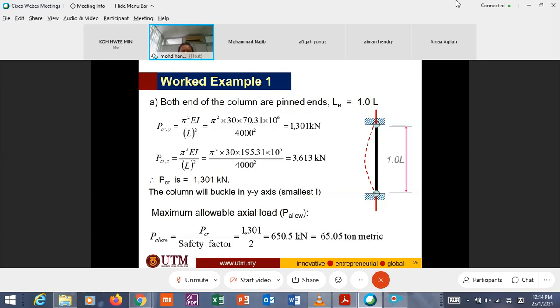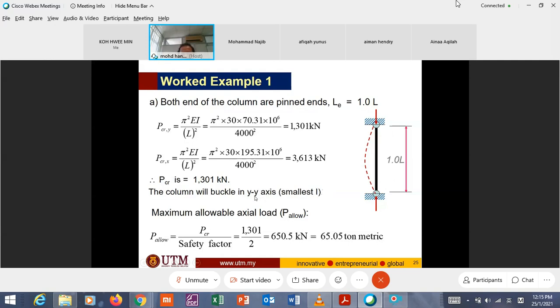So for the buckling, the smallest P critical is 1301, as we can easily understand. That buckling will occur about the minor axis, which has the smallest I, and in this case the y-axis.